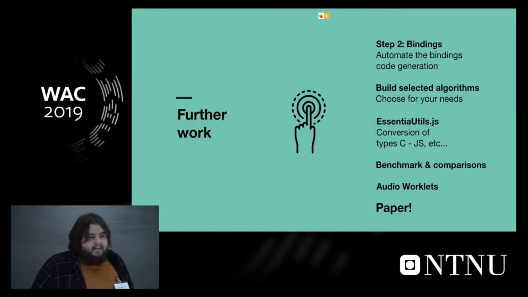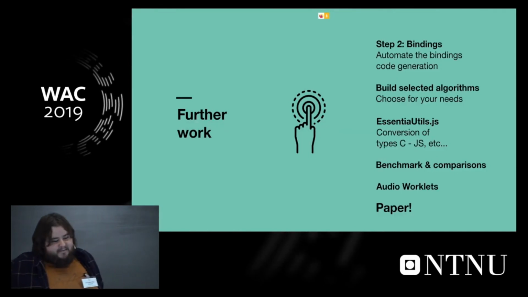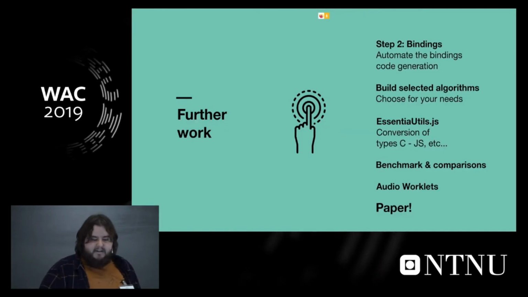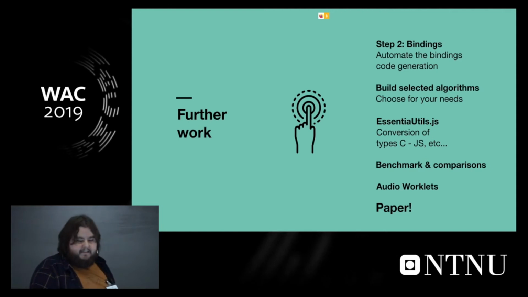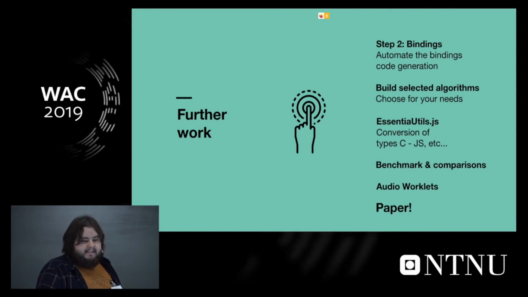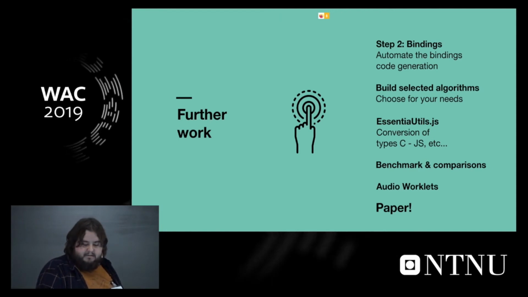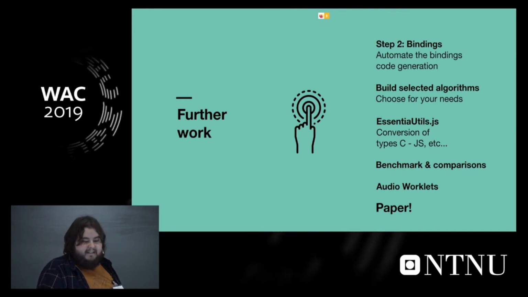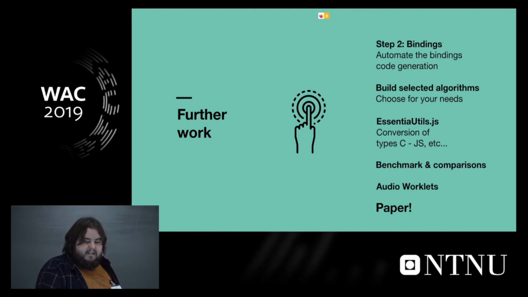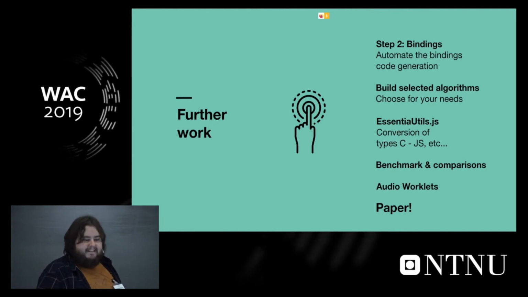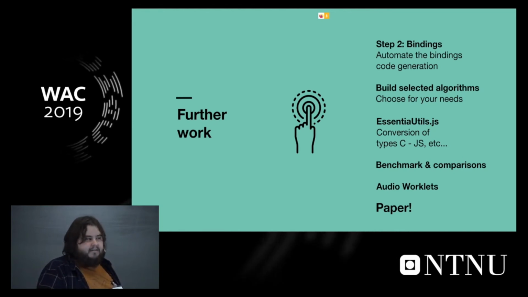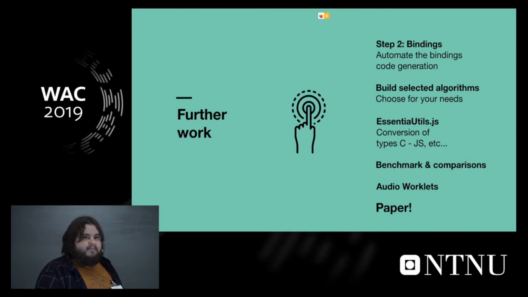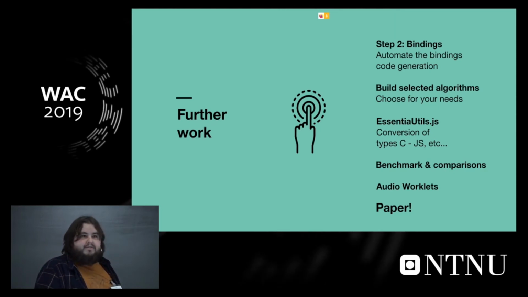So finally, I'm going to talk a little bit about further work. As I was saying, we want to automate the code generation of these bindings, to not have to do it manually. Once we have all these bindings done, we would also like to have a tool for developers who want to use Essentia in the browser to choose the algorithms they want to use.